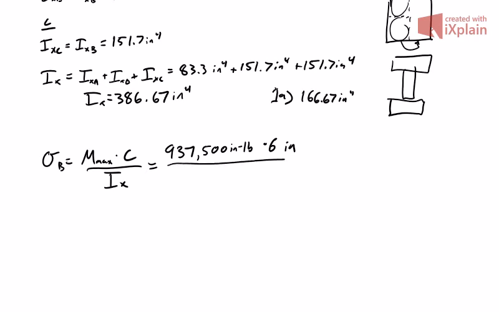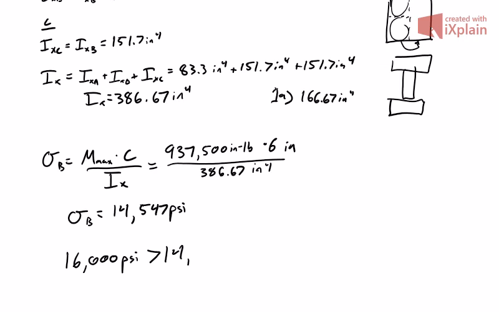Then divided by 386.67 inches to the fourth, we get that our maximum bending stress now is 14,547 psi. And it tells us that this red oak beam will break at 16,000 psi. 16,000 is greater than 14,547 psi. Therefore, the beam will not break.